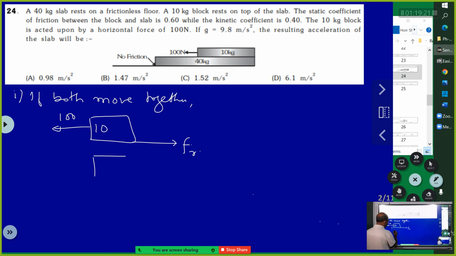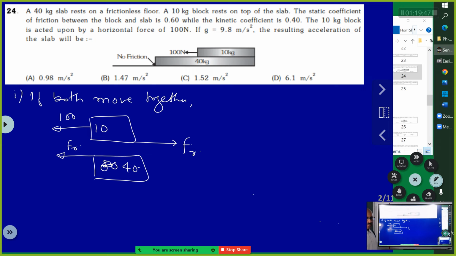And as far as the 40 kg is concerned, the frictional force will be equal and opposite. So the frictional force on this will be in this direction, and this will try to pull it like this. If both of them are moving together, that means there is no relative motion between the two.